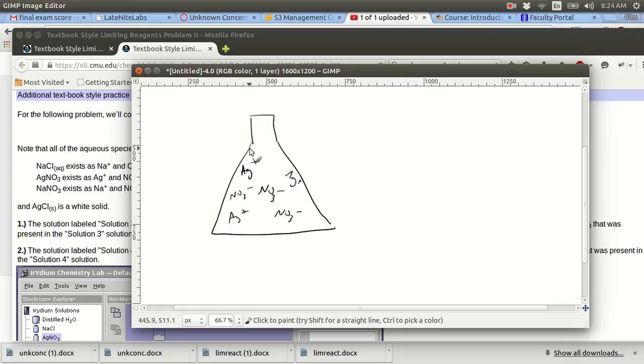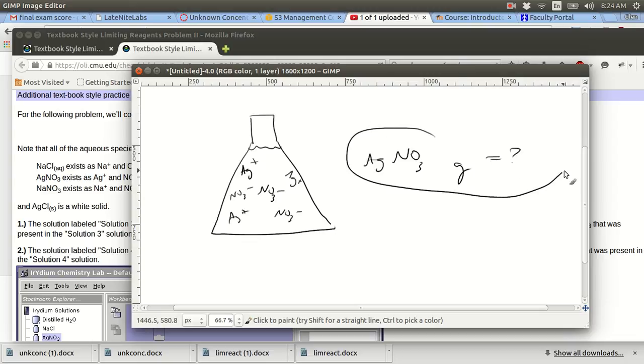Okay, so I have AgNO3 in here, and then my job is to figure out how many grams of AgNO3 I had. So if I add NaCl, the NaCl is going to take this and it's going to put it to the bottom in the form of AgCl solid, right? AgCl solid.